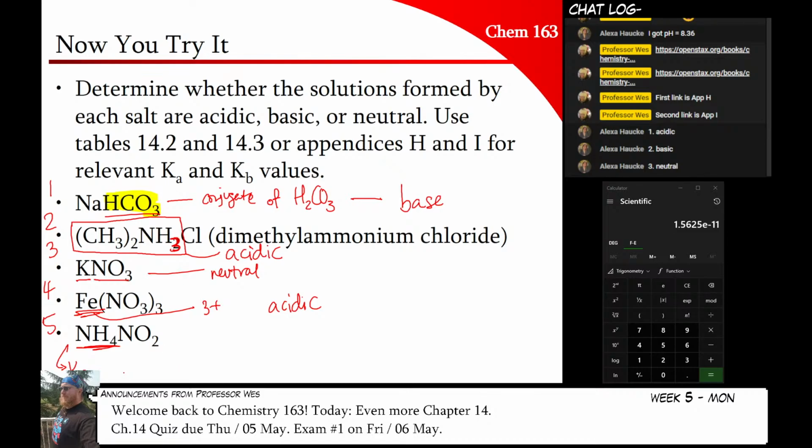All right, I believe that Ka for this was 5.6 times 10 to the -10. And then for nitrate, so we do know what Ka is for nitrate, or nitrous acid.